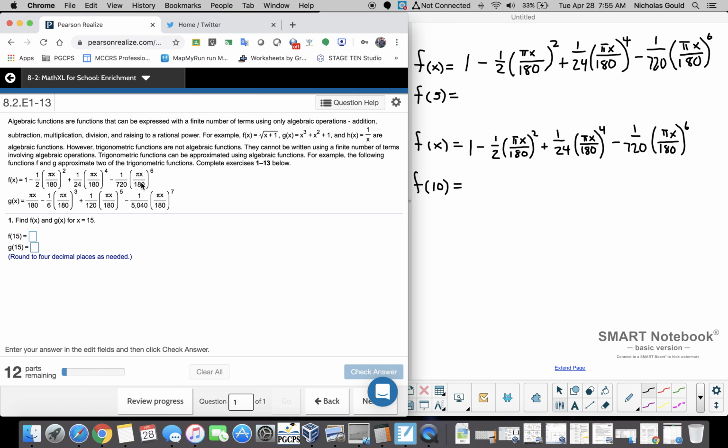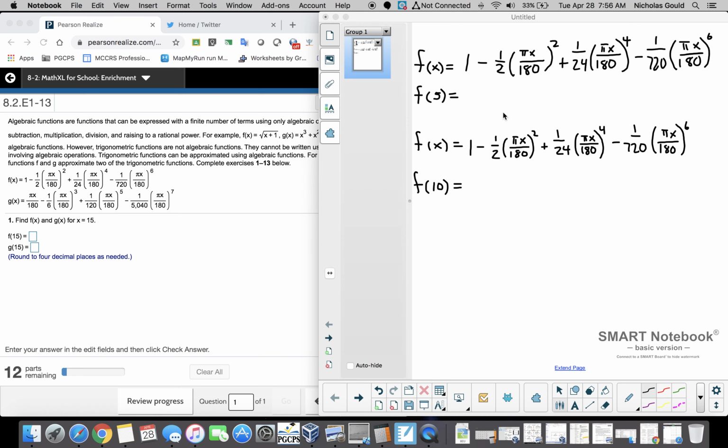So we have to type all this into our calculator and figure out how to get the answer. So I'm going to come over here to my whiteboard, and we're going to do something similar. Here, whatever this x is, whatever number they give me, I'm just substituting it in. So if I rewrite this problem based upon the number that they gave me, here's how the start of it will look.